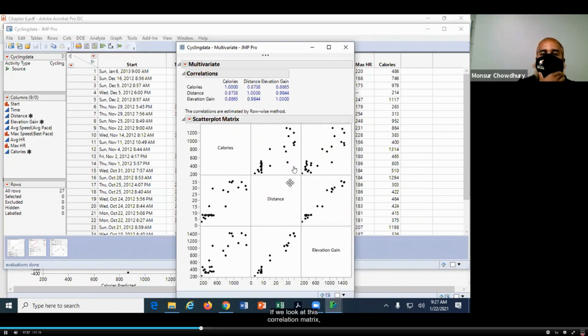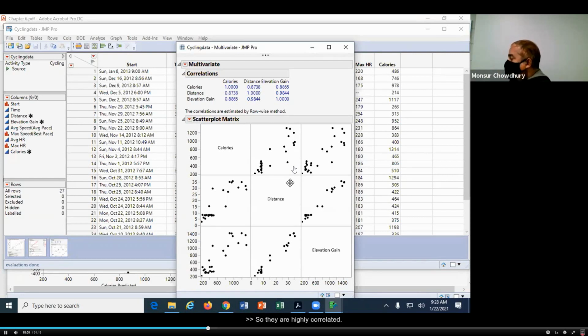If we look at this correlation matrix, you can see that the distance and calories are highly correlated, which is positive. Calories are correlated with distance at 0.8738, and calories and the elevation gain are also highly correlated, at 0.8865.